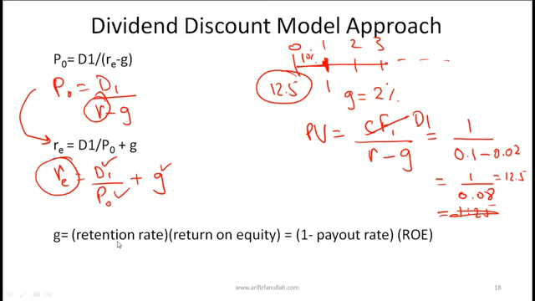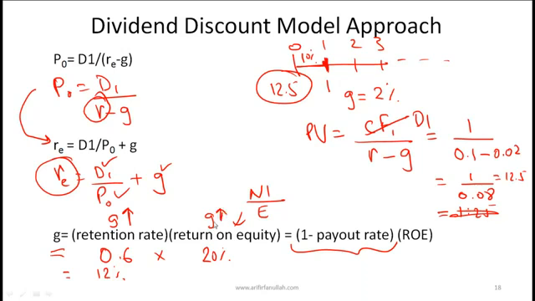If you have two companies that are equal in all respects, and one company retains more of its earnings and invests those earnings in the company, clearly that company will grow faster. So that's why there is a positive relationship between growth and retention rate. Also, a company that has a higher return on equity will grow faster, and there again you see a positive relationship between growth and return on equity.